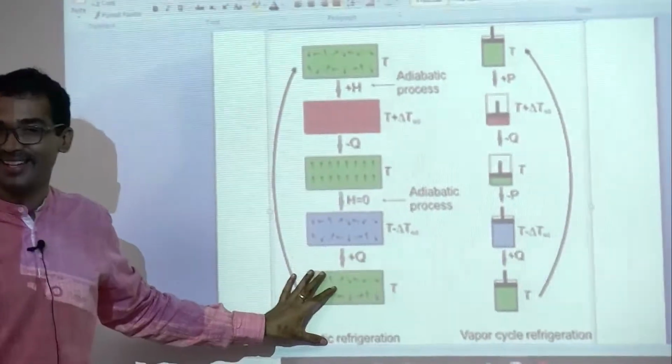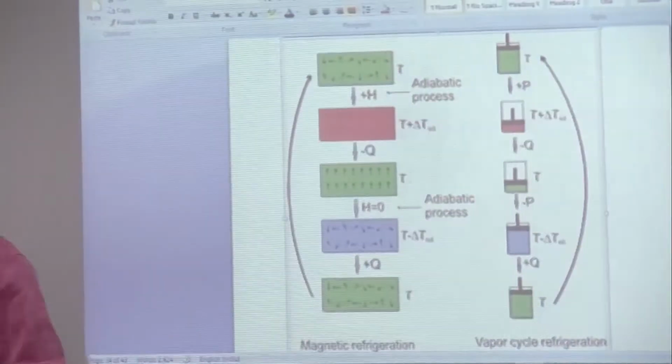So it's in perfect analogy with the vapor compression refrigeration system. So I can in principle use a magnetic material. And what are the magnetic properties that we explored in the last class that might be relevant here? Magnetic susceptibility.